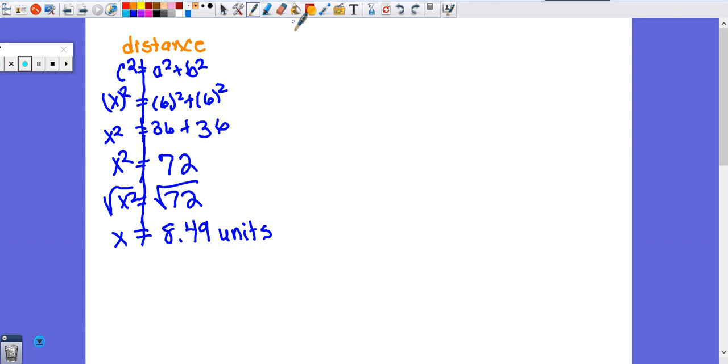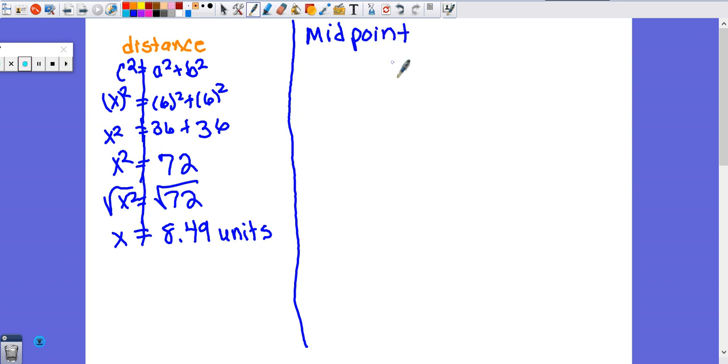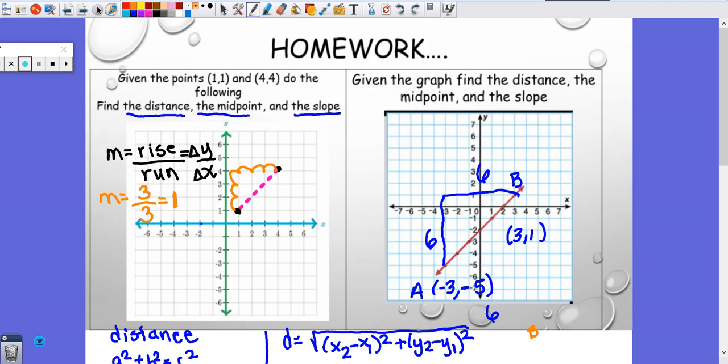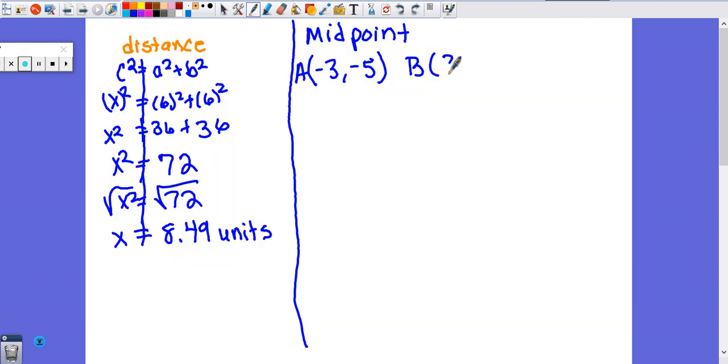So we're going to do midpoint. The point was -3 and -5, and that was point A, and point B was 3 and 1.